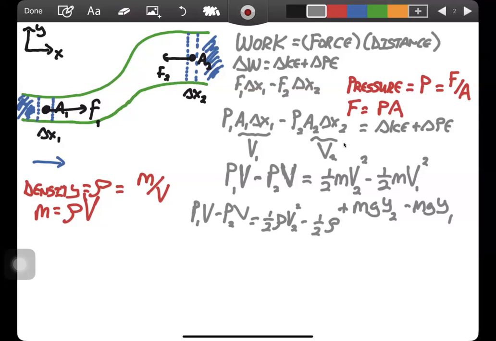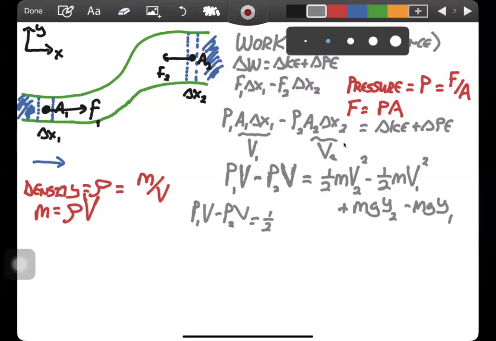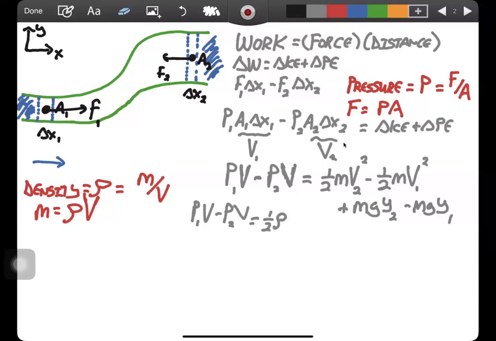Excuse me, I have to make sure I account for the volume term. So what I'm going to do is I'm going to substitute the mass. Remember, mass equals the density multiplied by the volume. And so instead of m, I'm going to have whatever the density of the fluid is. And then I'm going to have the volume V of the fluid. And then on top of that, I have another V. And again, don't get confused. This is velocity.